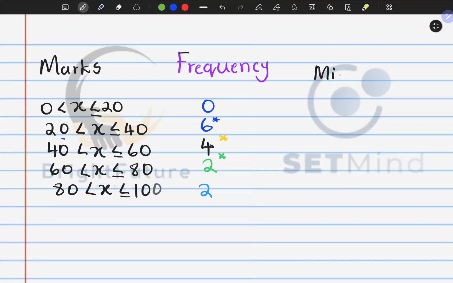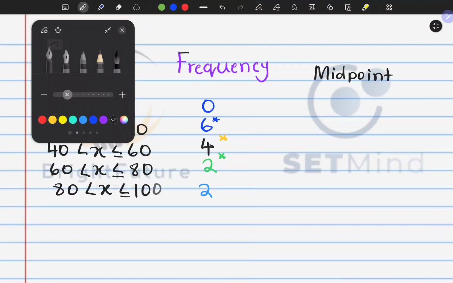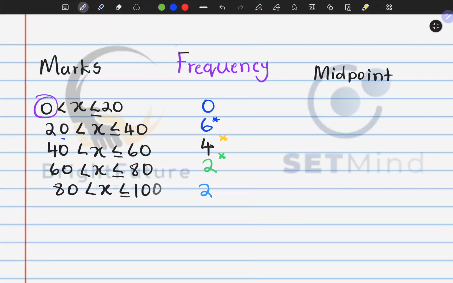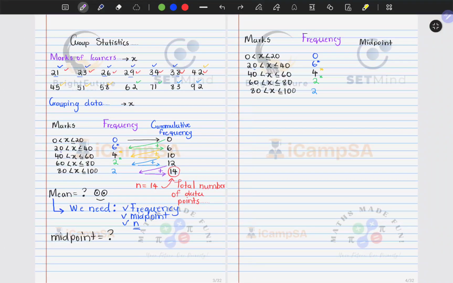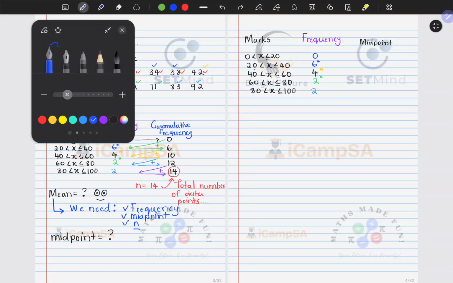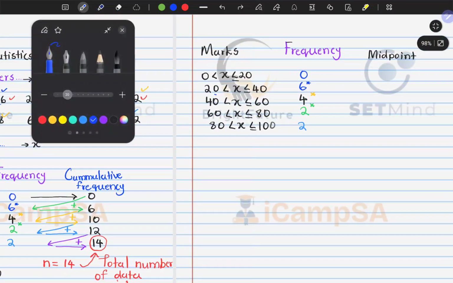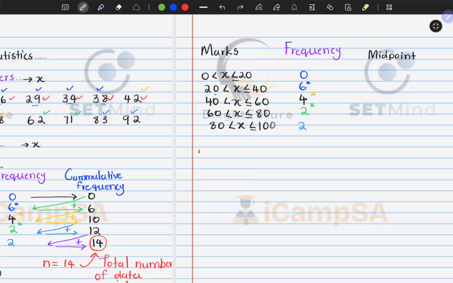When you're looking for the midpoint, guys, you take the lower limit and the upper one, you add them, then you divide by 2. So for the first line, it will be 0 plus 20 divided by 2, and that will give us 10. So I'm going to put in 10.